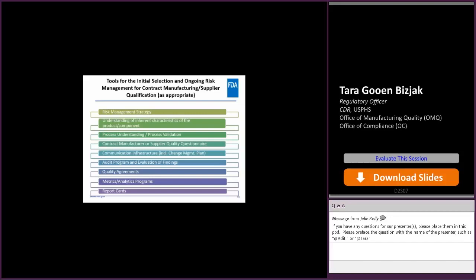Having a strong communication infrastructure, including a change management plan. So when things change, from either your perspective or the contract manufacturer or supplier perspective, it's clear when you need to talk together and discuss any changes and the potential impact on the product and product quality. I already talked about the audit program, so on-site audits and evaluation of findings. It's not enough just to go and do an audit.